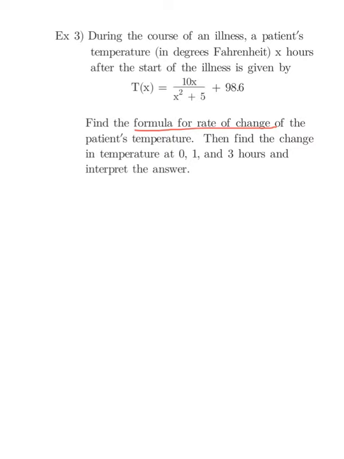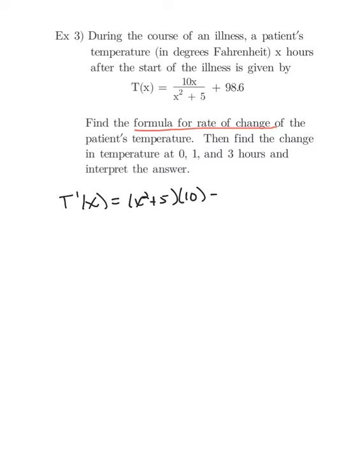The derivative of T, then, notice that your function is fractional in form, so we need to do the quotient rule. Start with the low as given times the derivative of the high. The numerator will just be 10.